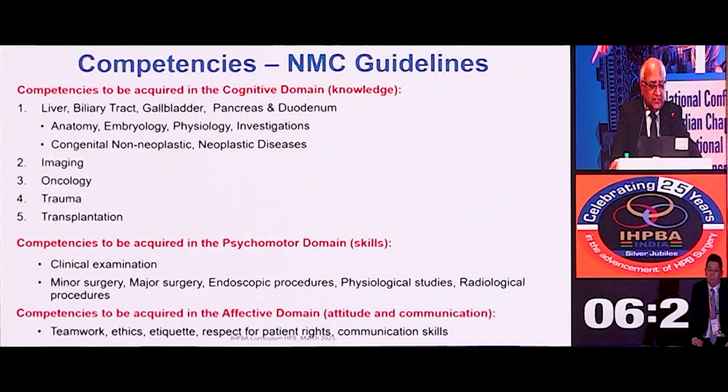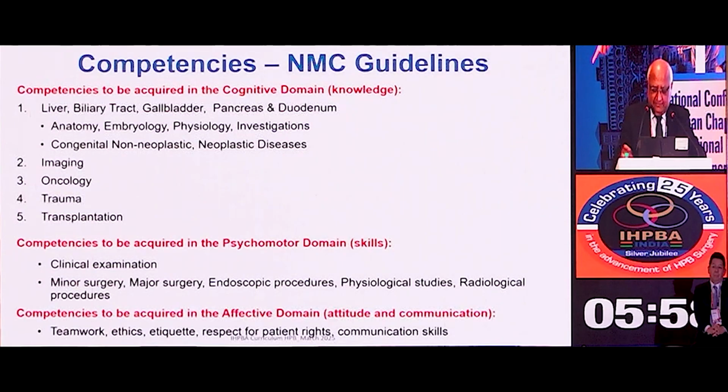They have also mentioned that competencies should be there for clinical examination, then surgical procedures, endoscopic procedures, physiological studies, etc. And of course, the affective domain, that is the teamwork, ethics, etiquette. So, the guideline states that a person should become an expert after the course is completed in the cognitive domain, psychomotor domain and affective domain.